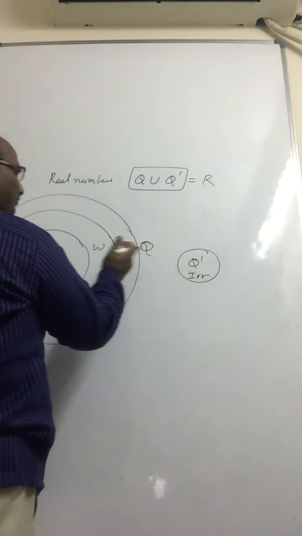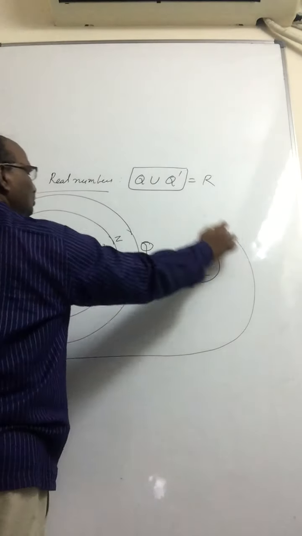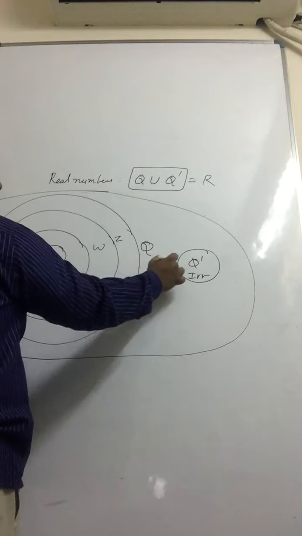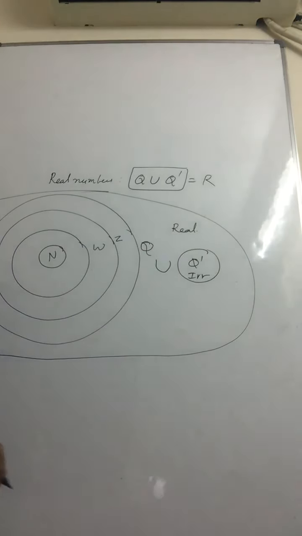This is not anywhere related to rationals. If you combine these two, the union, then we call it real numbers. That is the relation between rationals, reals, irrationals.